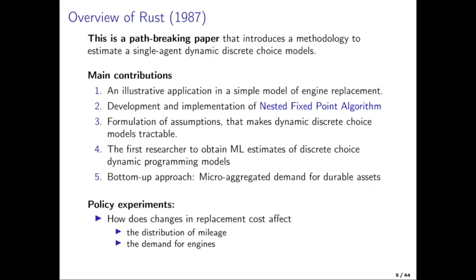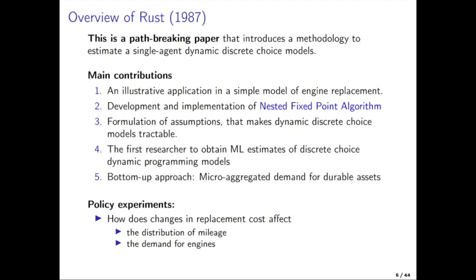And then he has this development and implementation of the nested fixed point algorithm, as we'll go into details about. One of the things that actually makes this paper very important is that he formulates a set of assumptions that make dynamic discrete choice models tractable. I'm going to talk about those assumptions in detail, what they buy us in terms of reduction of computational complexity, and what they mean in terms of the restrictions they put on the data.